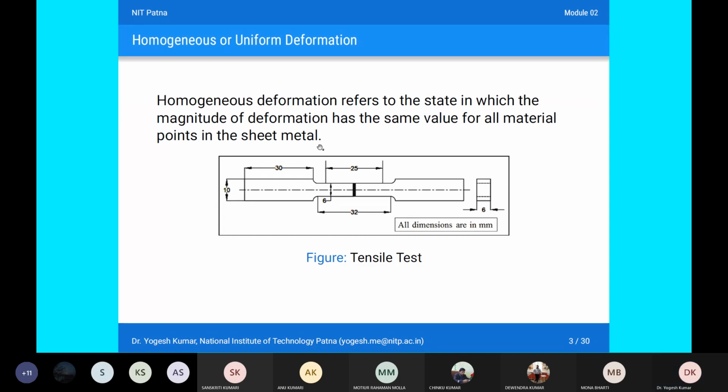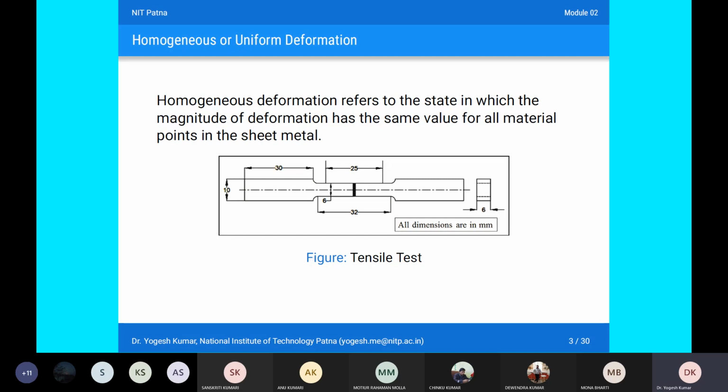Let me take you back to where you carried out your tensile test. You might have prepared this kind of specimen, and this is the gauge length which is under observation, and you are trying to compute different material properties using this tensile test.